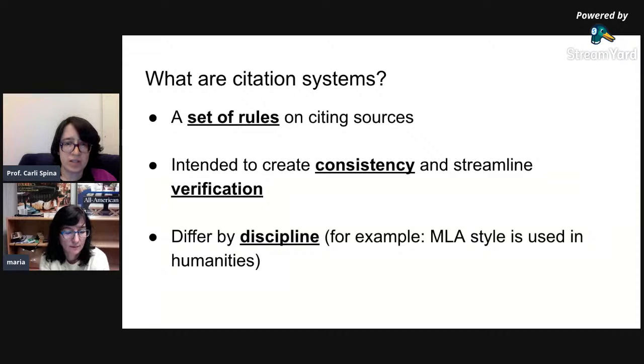Citation systems refer to the type of citation for a different organization. For example, the MLA style of citations, which we'll talk about more later on, is used in the humanities. There are other systems used for other types of disciplines. They might have their own particular way of doing things, more based on what's important in that discipline.